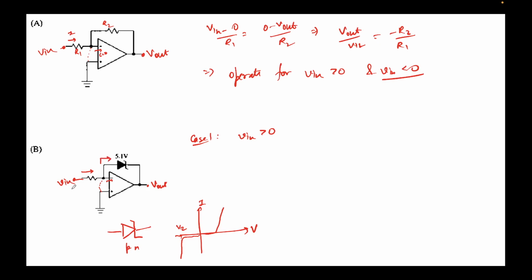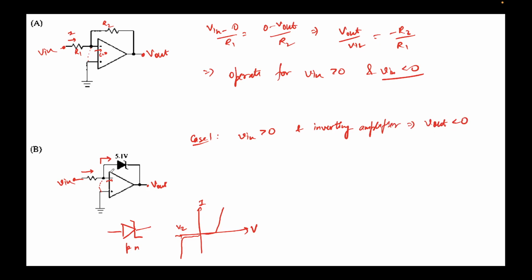And this makes sense. Note that since V in is positive and this is an inverting amplifier, V out should be less than 0, and we saw an illustration of this over here, right?